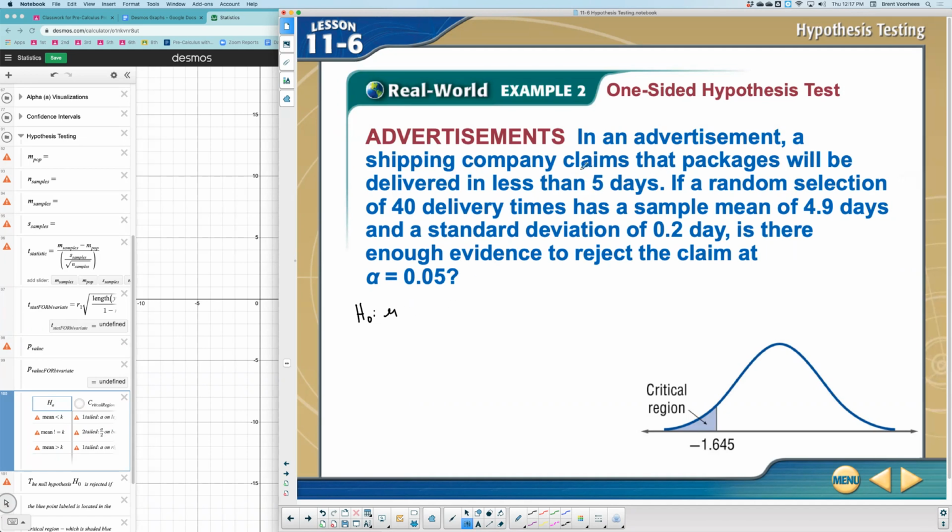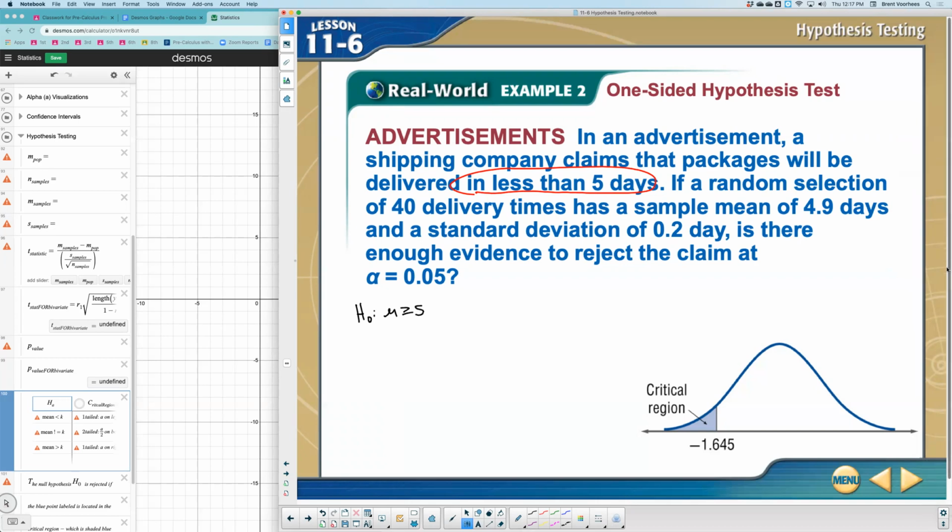The shipping company claims that the packages will be delivered in less than 5 days. That does not mean equal to. Less than means less, not equal. So the null hypothesis would be that the mean is greater than or equal to 5 days.